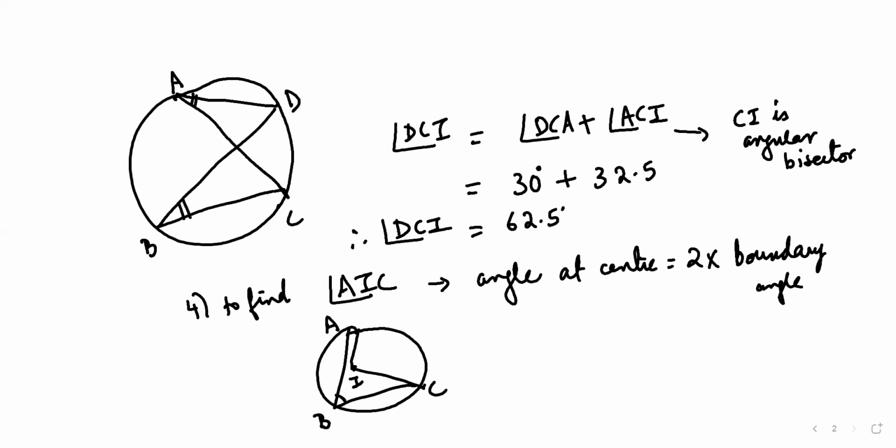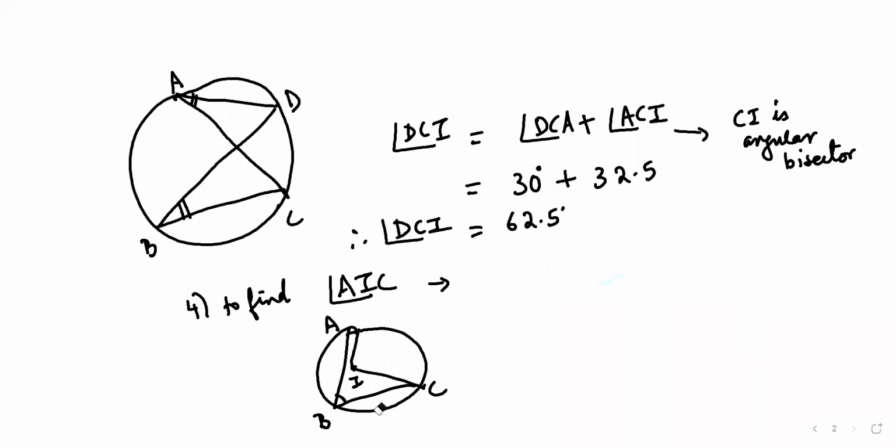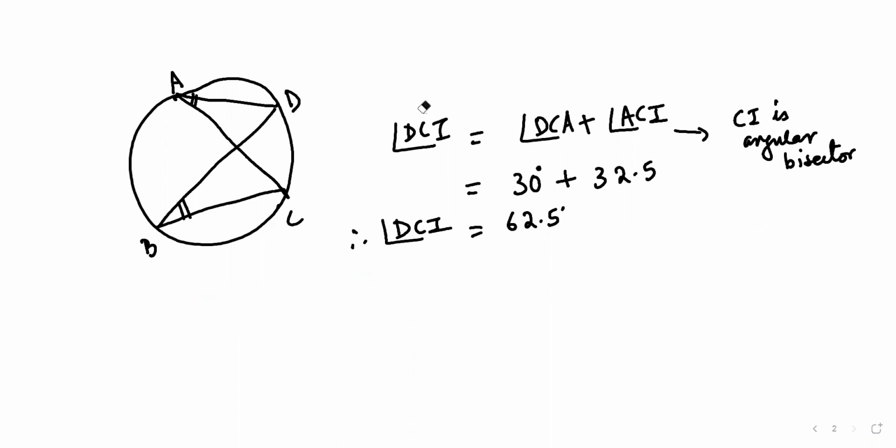We can't use this because I is not the center. One thing we need to remember is unlike your circumcenter, where the circumcenter is the center of the circle, here it is not. So you can't use I as the center. We'll apply a different logic to find that out here.